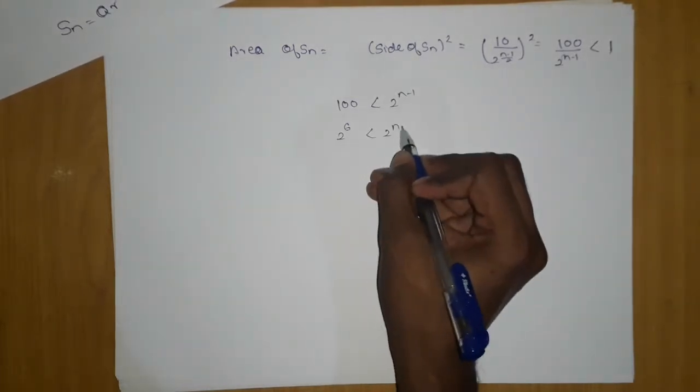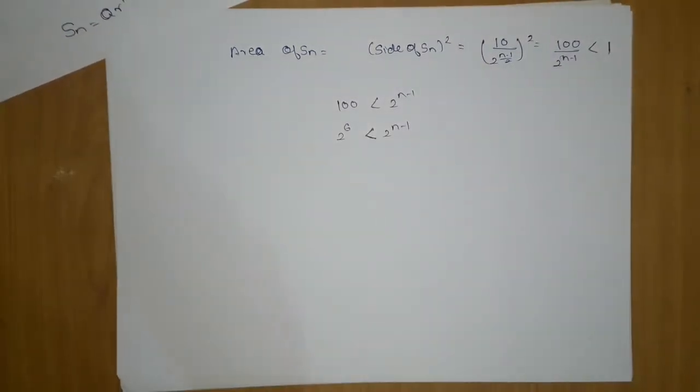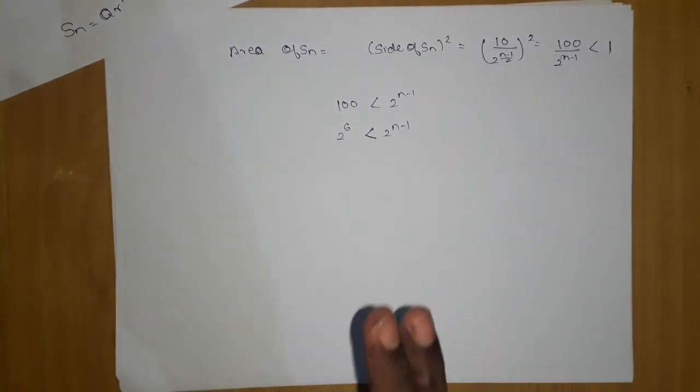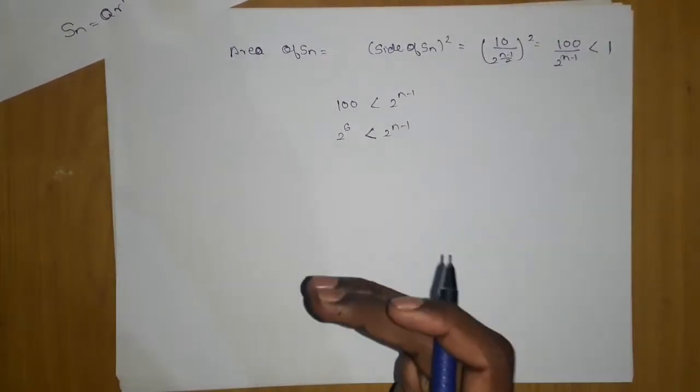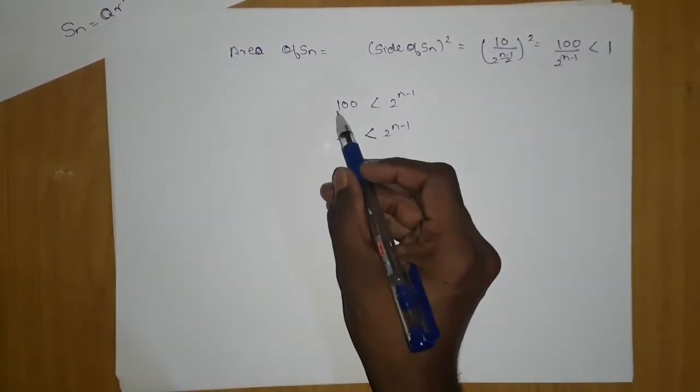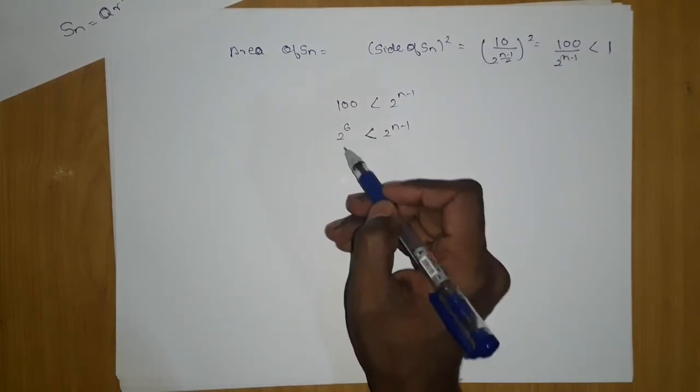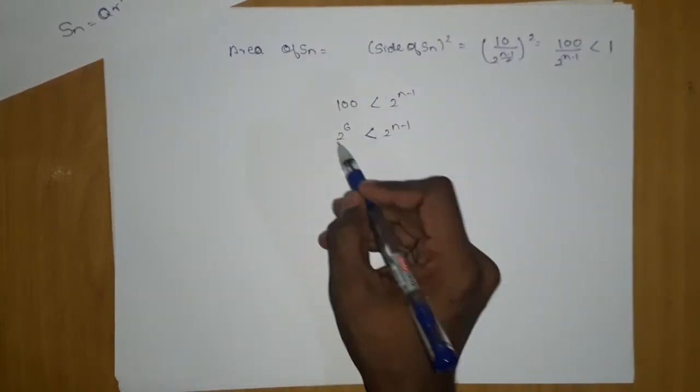Here we can take the closest possible because it is an inequality, not an equality. Equality we have to take exact. Since it is an inequality, we can do this step. That is important, that we are writing 2 power 6.